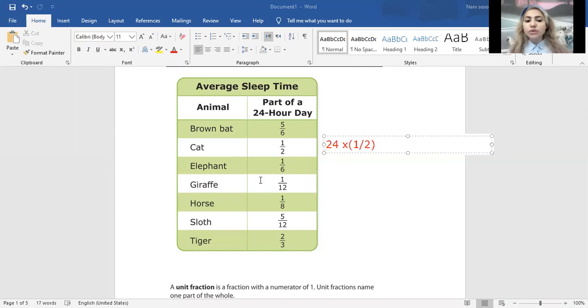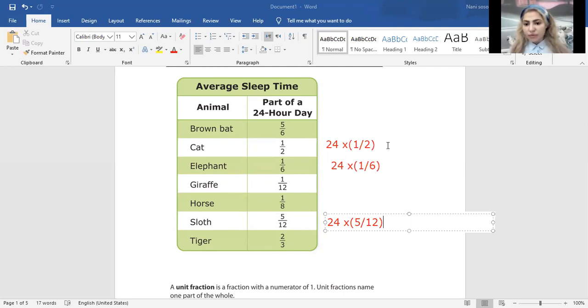For the sleeping time of the elephant, I will multiply 24 by 1 out of 6. For the sloth, I will multiply 24 by 5 out of 12, right? So like this. Okay, let's see the cat.